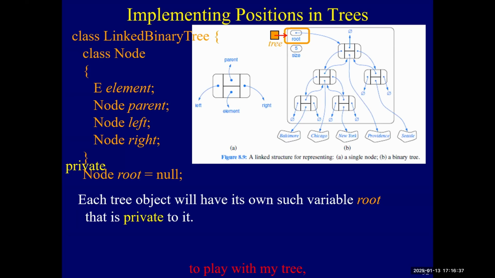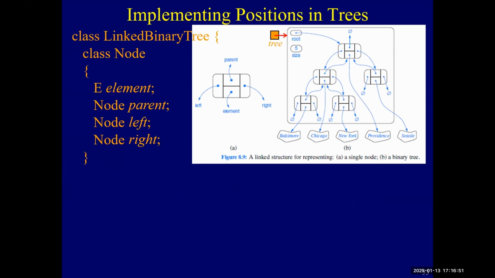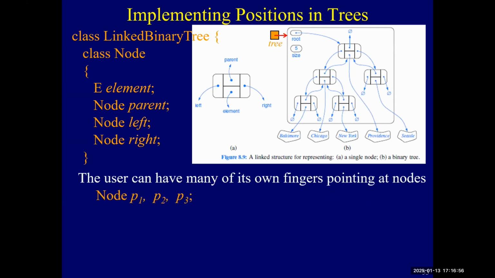If you want to play with my tree, you have to use my routines. So then it's private. Now let's think about the outside world. It wants to be able to point at objects in your tree. But can the outside world point at a node in your tree?